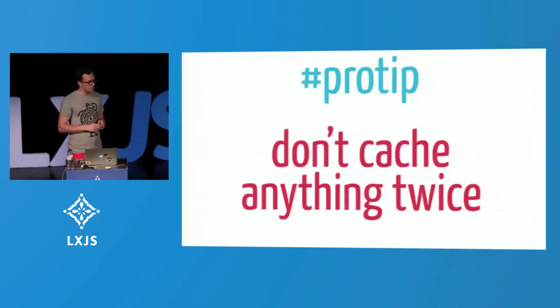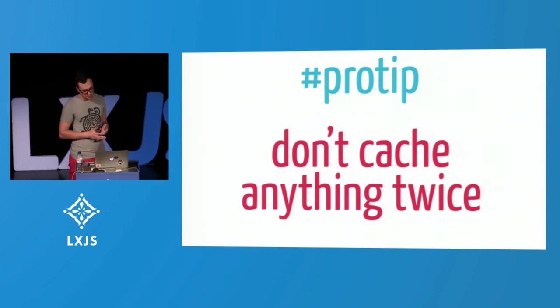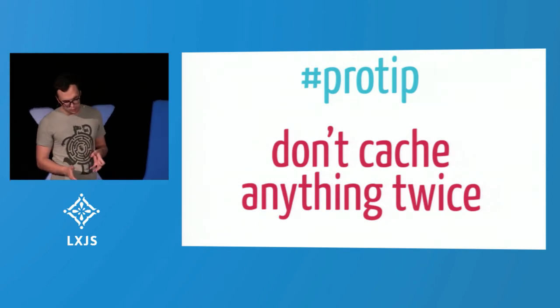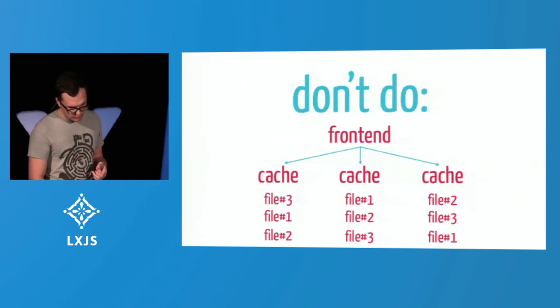So here comes a pretty straightforward tip, but it's very important. Don't cache anything twice. If you have many servers for caching and you don't use hashing, you may end up with a pretty weird situation where you cache files on more than one server. So let's look at this.